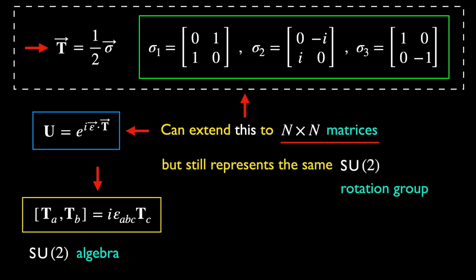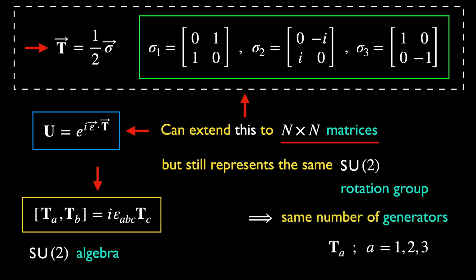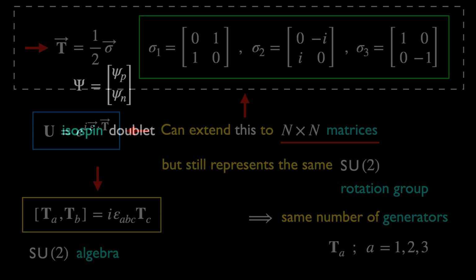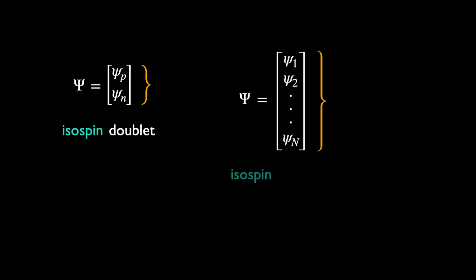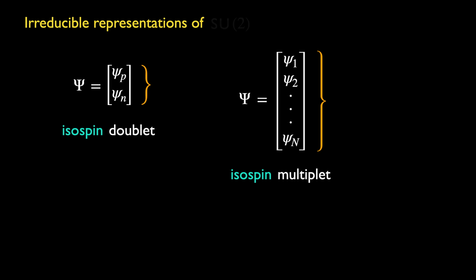Note that this higher dimension representation will still have the same number of generators, since it is basically the same group. This will allow us to move beyond the isospin doublet to higher dimensional multiplets. Specifically, we will be looking for irreducible representations of SU(2) in these multiplets.